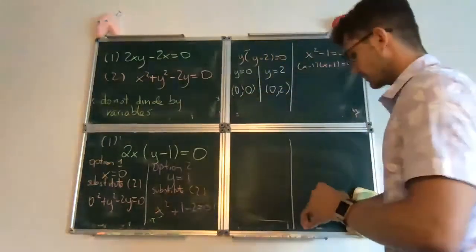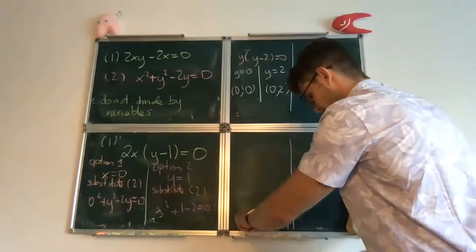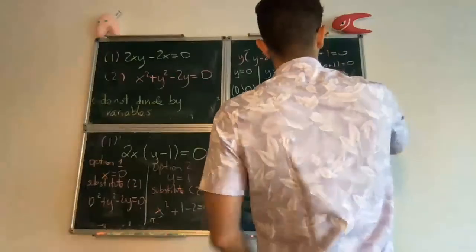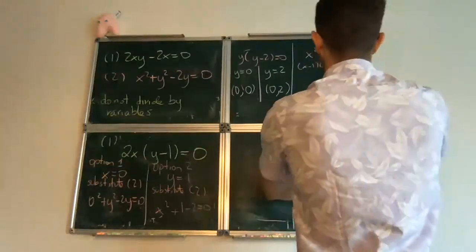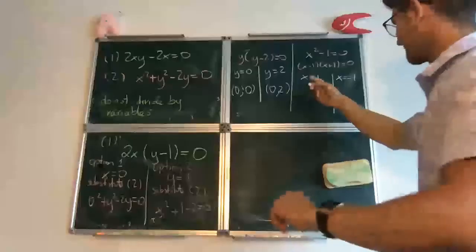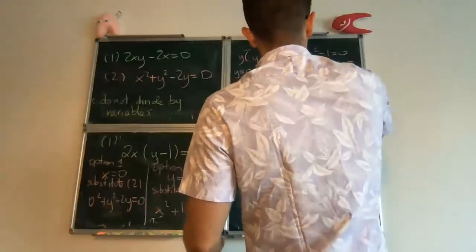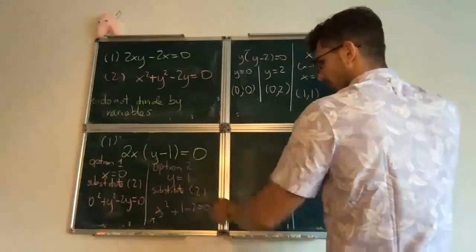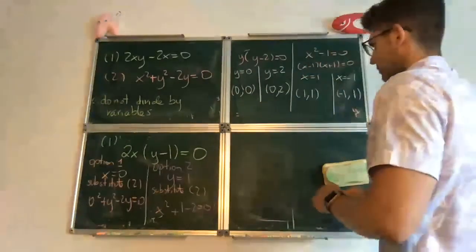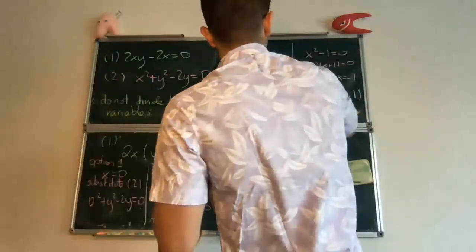And again, this gives you two possibilities, which bifurcate into the following cases: either x equals 1 or x equals negative 1. But x equals 1 is within the context of y equals 1, so that gives you the critical point 1, 1. X equals negative 1 is within this context, so it gives you negative 1, 1. So we find 4 critical points, which are this, this, this, and this.